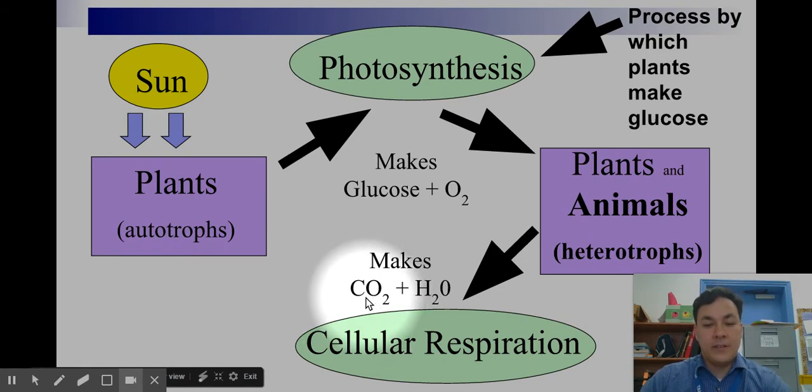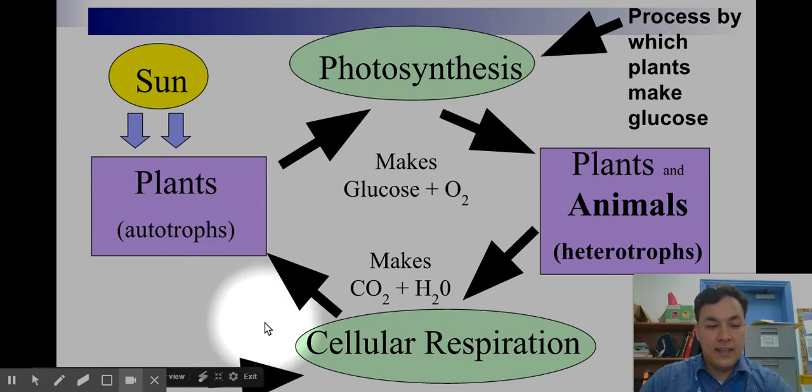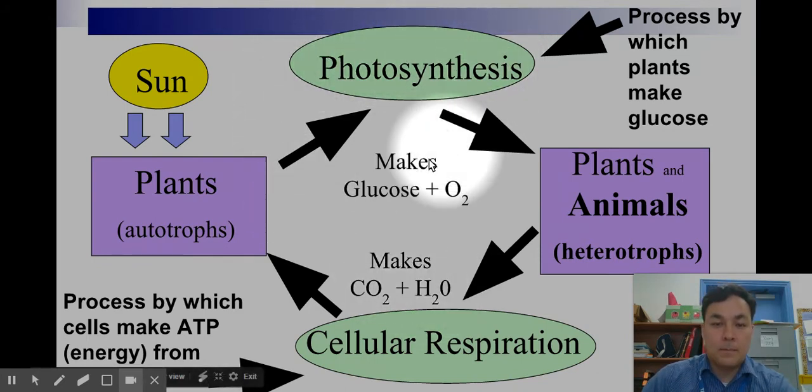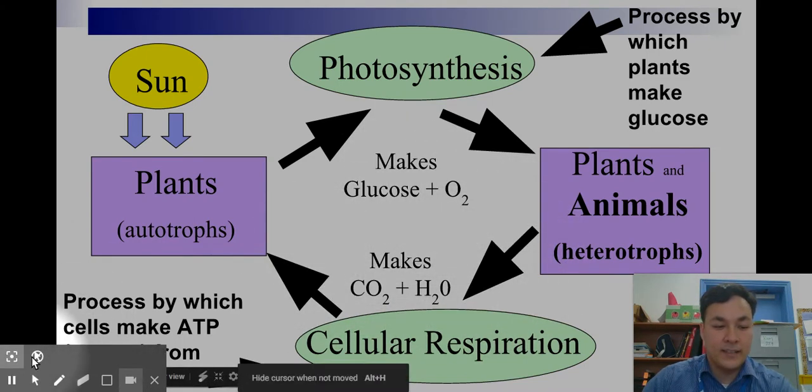They break down glucose and it gives off carbon dioxide, water, and energy in the form of ATP, adenosine triphosphate. Students, notice how the products of cellular respiration are the reactants of photosynthesis. The products of photosynthesis are the reactants of cellular respiration. The products of one are the reactants of the other, and that's why it is a cycle.